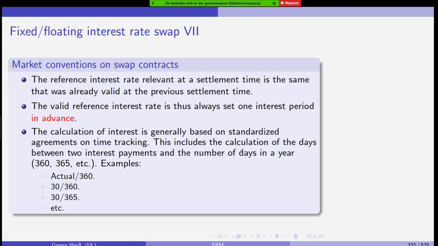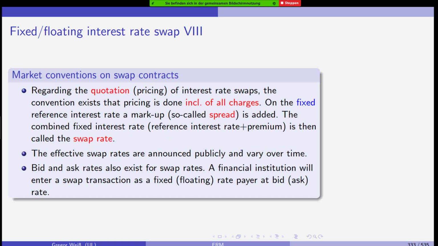So you need the day count conventions, for example, actual 360, 30/360, 30/365, meaning that you simply hypothetically assume that each month has 30 days and the year has 360 days and so on. So these are day count conventions.